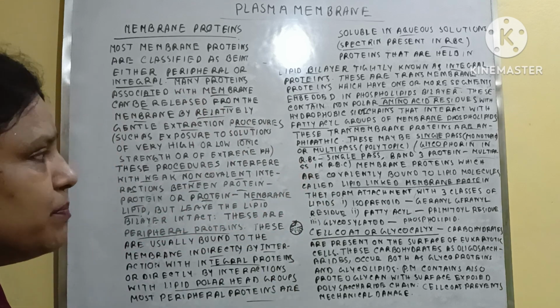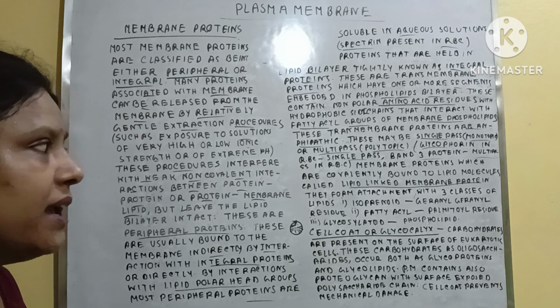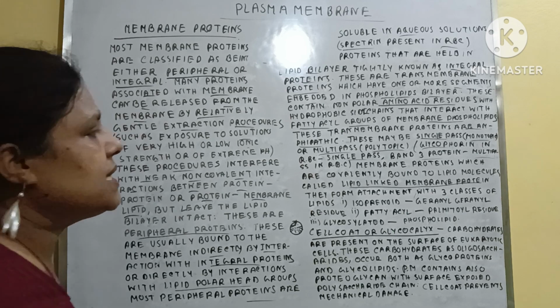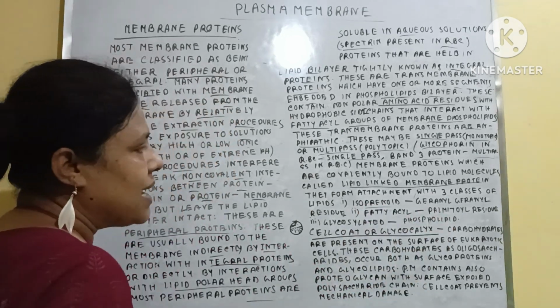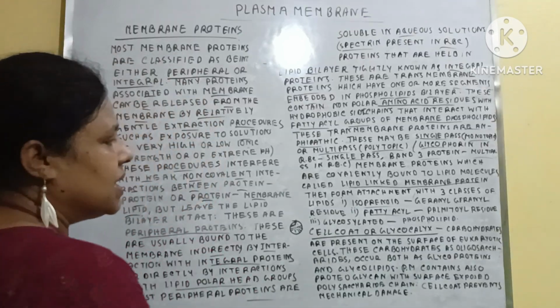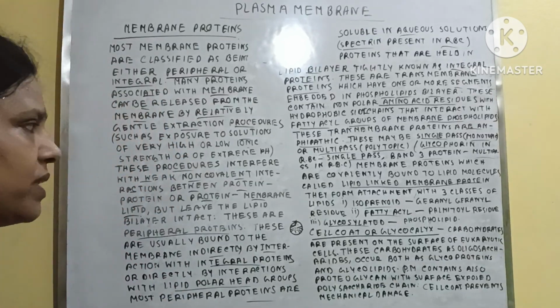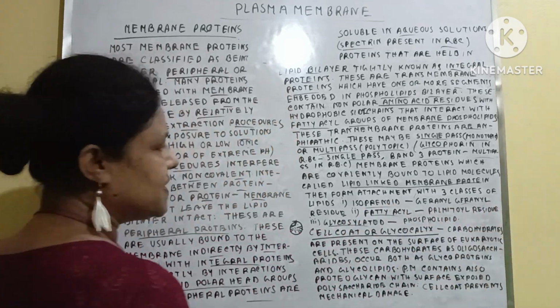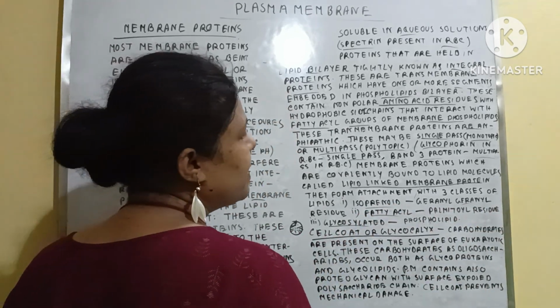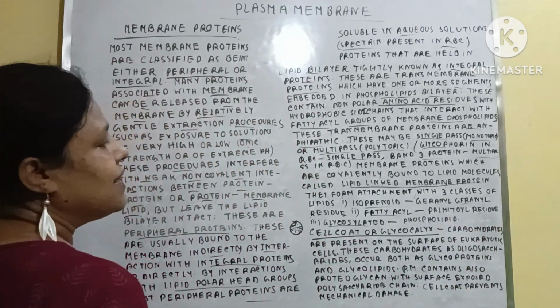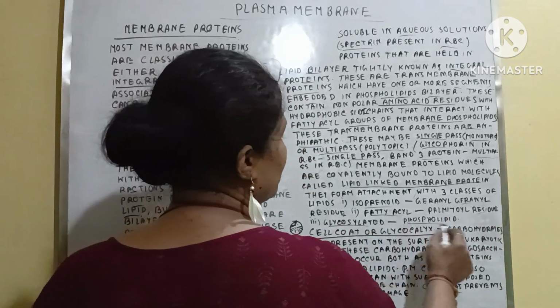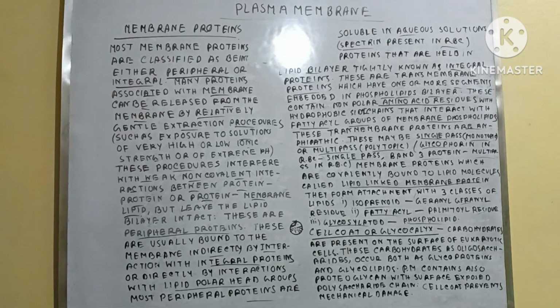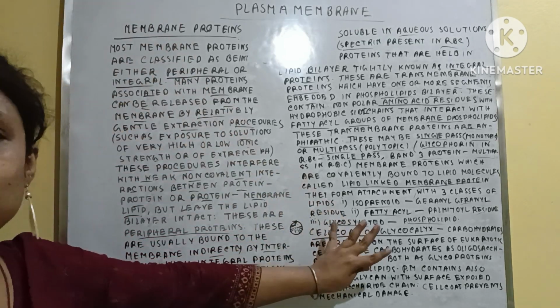Generally three types of lipid groups are involved: the isoprenoid group, the fatty acyl group, and the glycosylated group. An example of the isoprenoid group is the geranyl residue, of the fatty acyl group the palmitoyl residue, and of the glycosylated group the phospholipid. So these are the membrane proteins we have learned today.